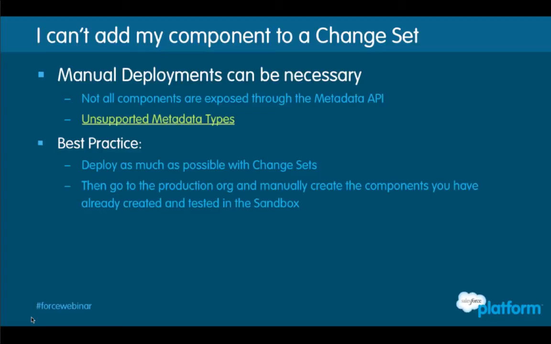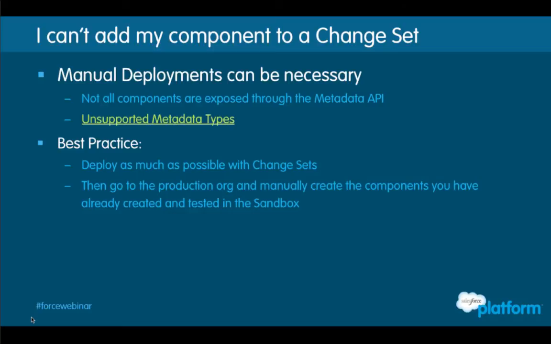deployment. And what's a manual deployment? It's going into the production org and recreating what you've already created and tested in the sandbox. So, if you end up running into an unsupported metadata type, and there's a link showing you which ones are unsupported right here, our best practice is, again, have a process with change sets along your release management process, okay, and do as much as you possibly can with change sets first.